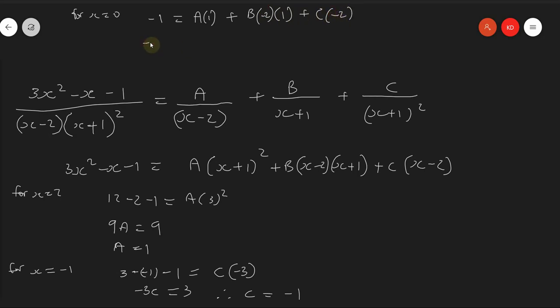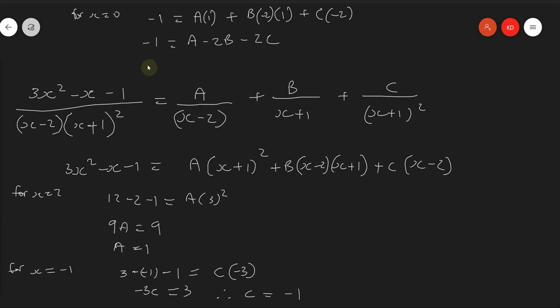Good. So now we have negative 1 is equal to a, and that's minus 2b minus 2c. Great. From our previous calculations, we have a equal 1 and c equal negative 1.